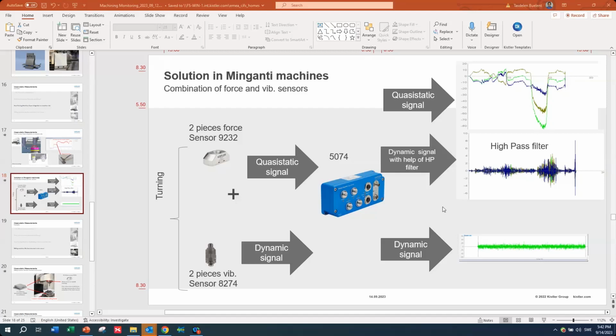But high-speed milling, maybe not the best case. You will for sure still see the tool breakage, but maybe you will not be able to capture it right away, and you will lose some milliseconds before you capture that.